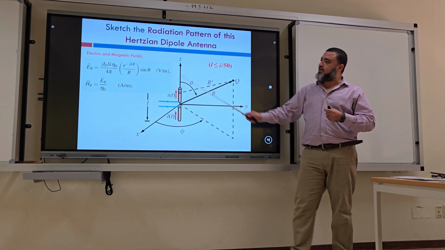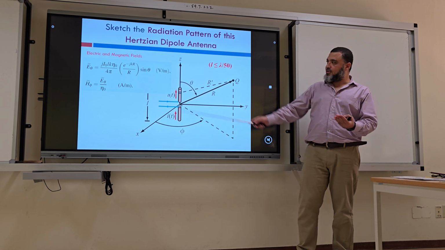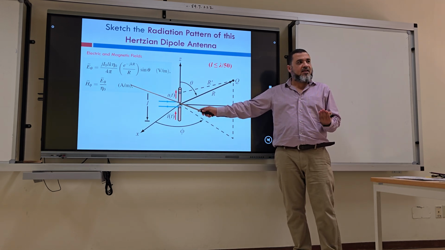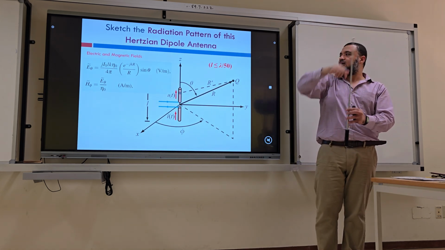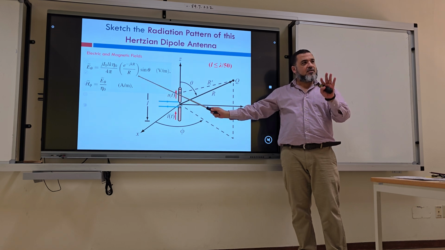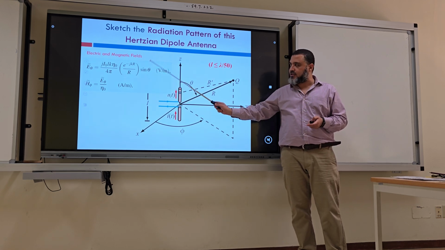What information tells me about the directional properties? Sin theta, the only angle we have is theta. Do we have phi here? We don't have phi because the magnetic field is uniform along the phi direction. So the magnetic field and electric field are uniform, so we don't have phi here. The only directional dependence is sin theta. Sin theta is very important here.